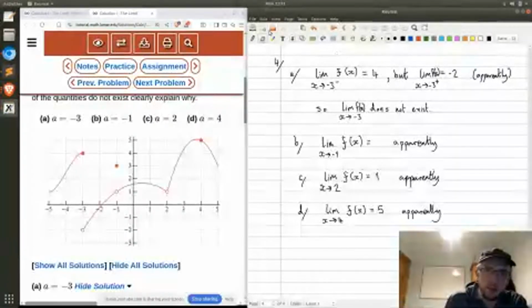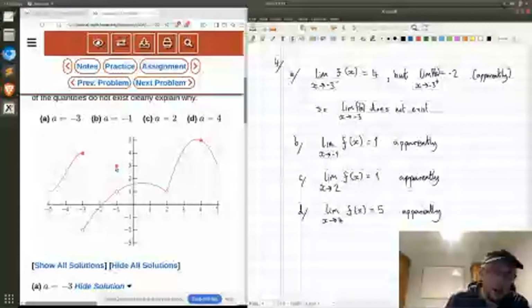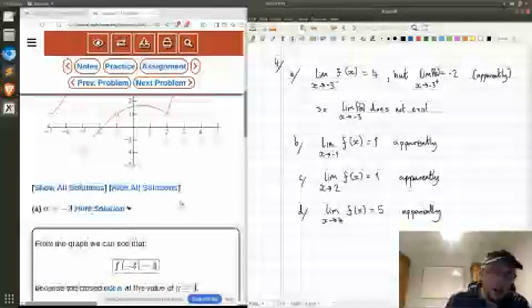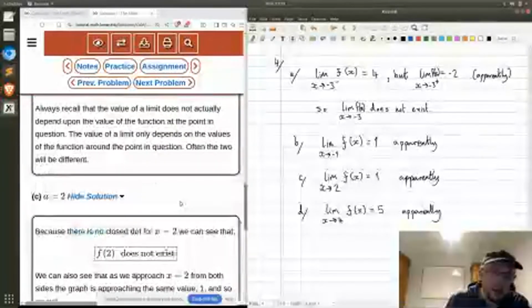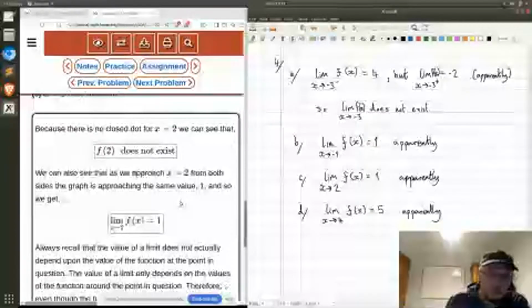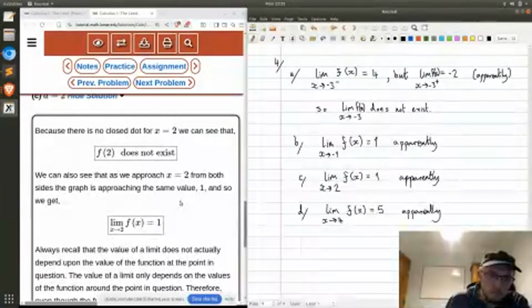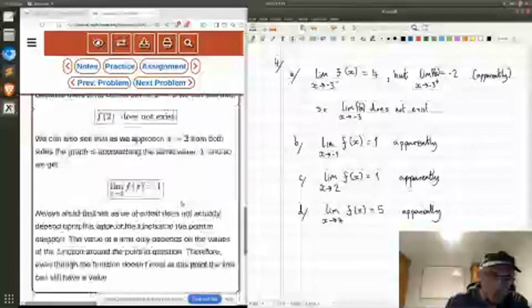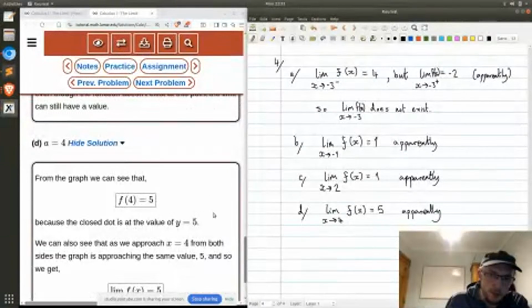I'm sorry, that was an absolute blunder on my part. I really did mean to write 1. I don't know why, I was obviously looking at that, but anyhow. I know. The limit only depends on the values of the points around the point in question, not the point itself. Okay, yep, I understand that. And that's true. All right.